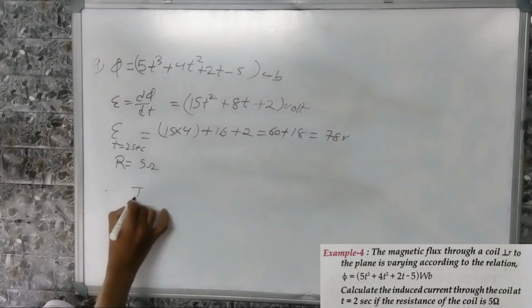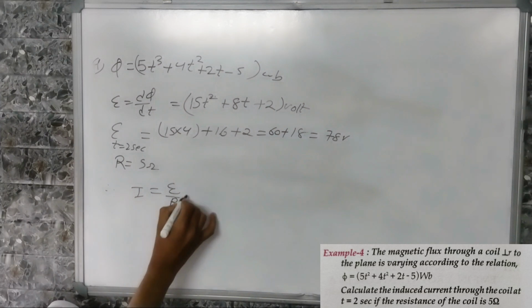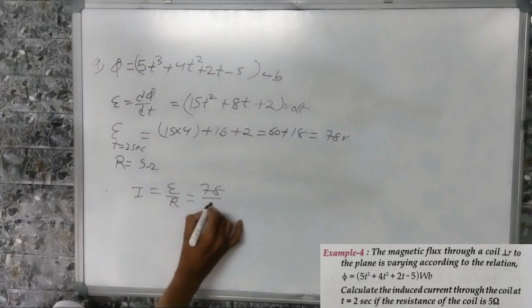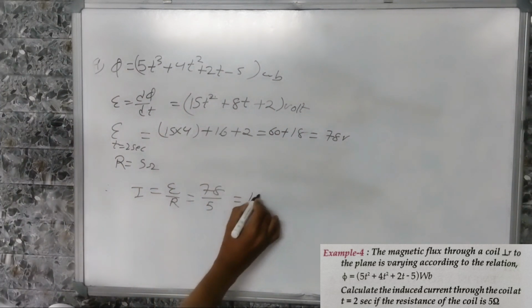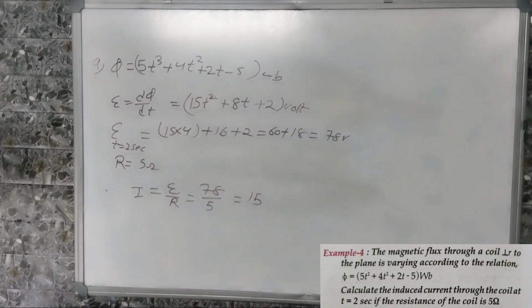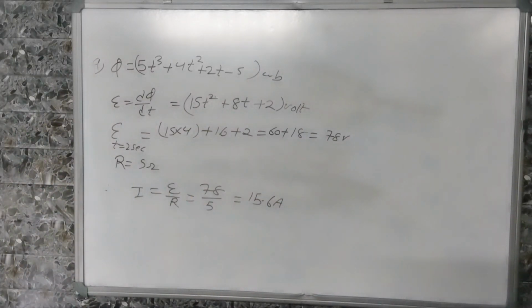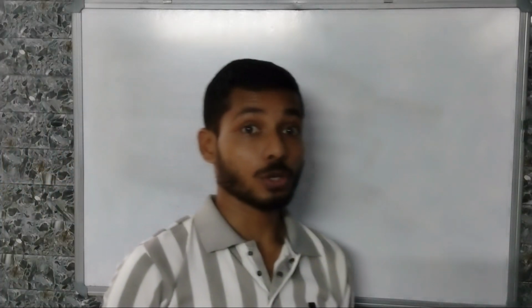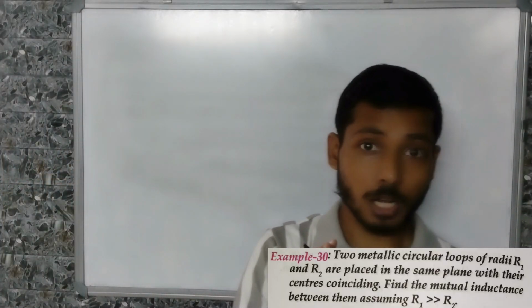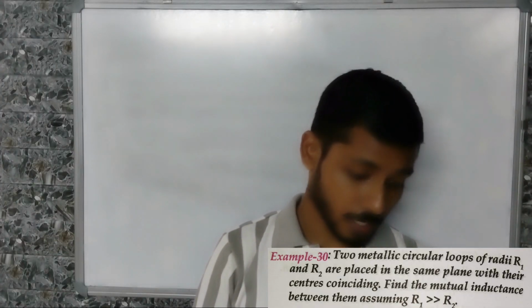So I is E by R is 78 by 5. So here is 15.6 ampere. 15.6 ampere लिख लो. नेक्स्ट बच्चों एक वेरी इंपॉर्टेंट प्रॉब्लम क्वेश्चन नंबर 10 आज का लास्ट क्वेश्चन.